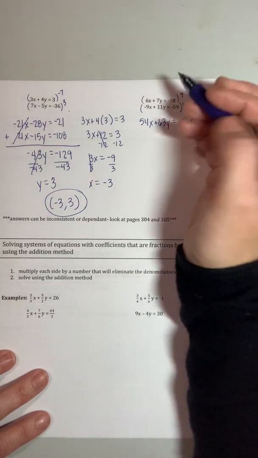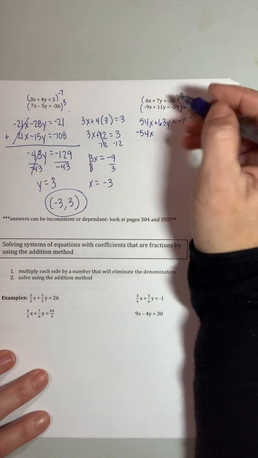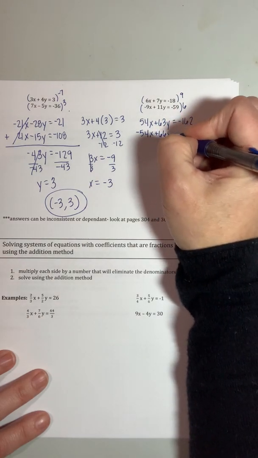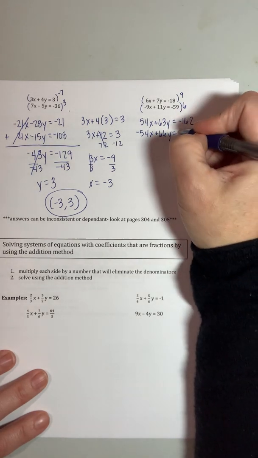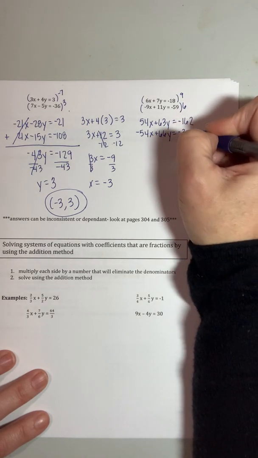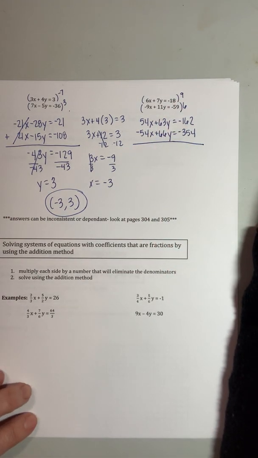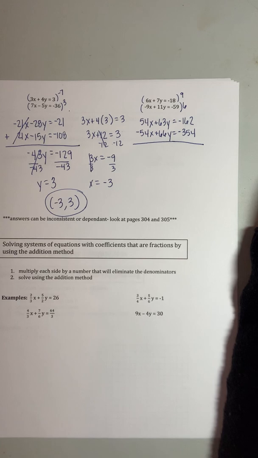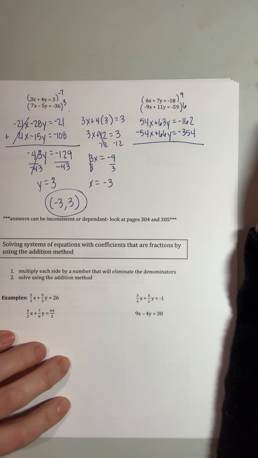Okay, 6 times negative 9 is negative 54x. 6 times 11 is 66y. And 6 times negative 59 is negative 354. Obviously, if you need to work that out, that's fine. Can't stop you from using calculators since you're home. Okay.